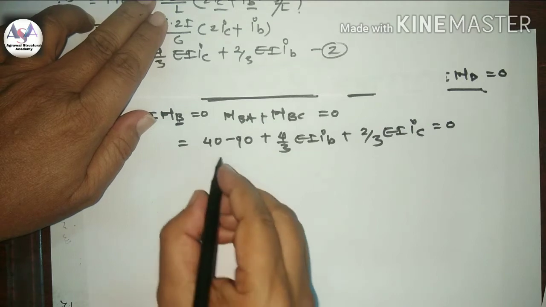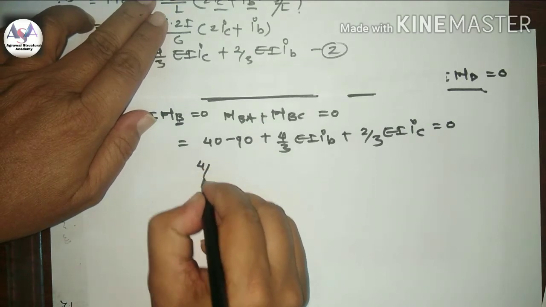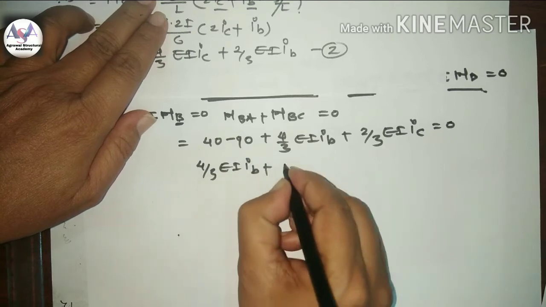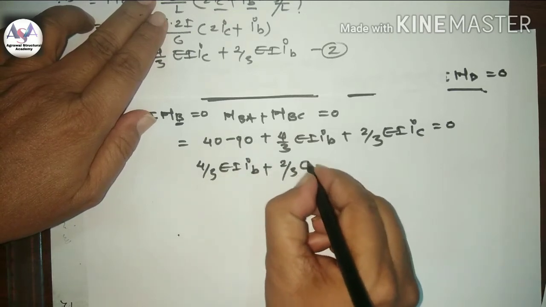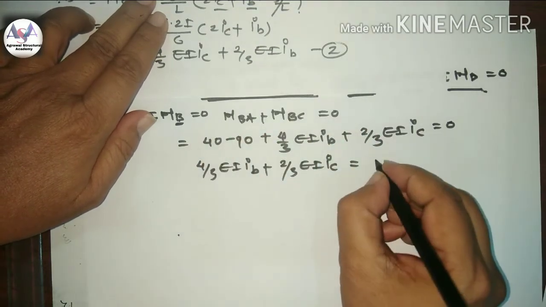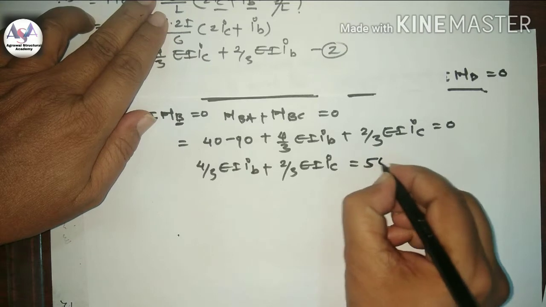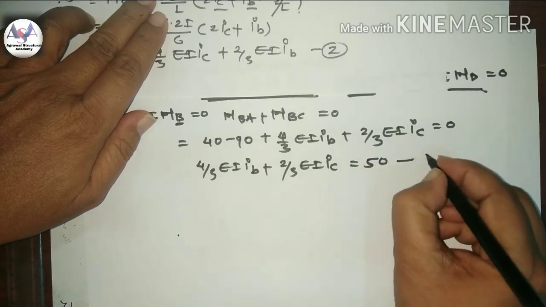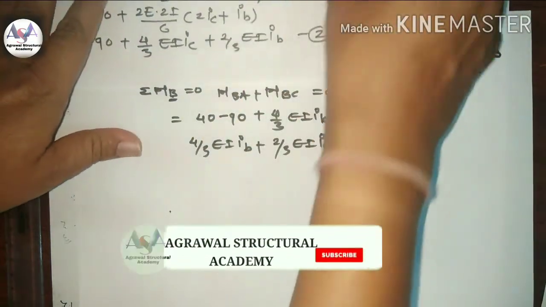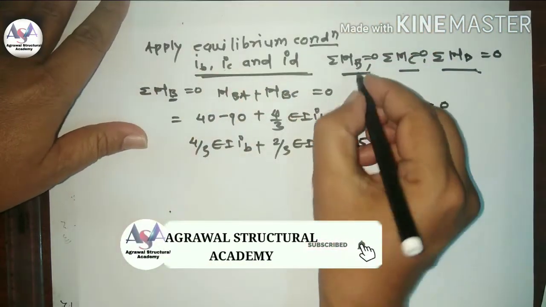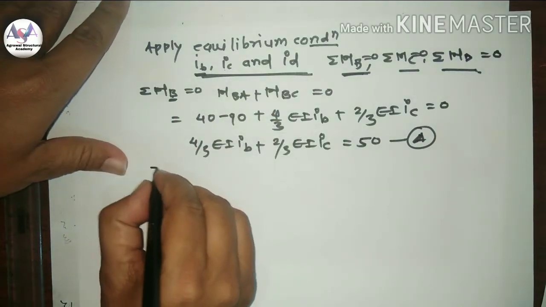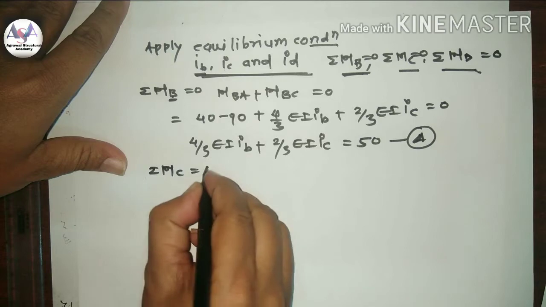So this becomes 4 by 3 EI IB plus 2 by 3 EI IC is equal to, minus becomes plus, 50. This is equation number A. So here we have applied the first condition, sigma MB equal to 0, because there are unknown displacements, then sigma MC is equal to 0.